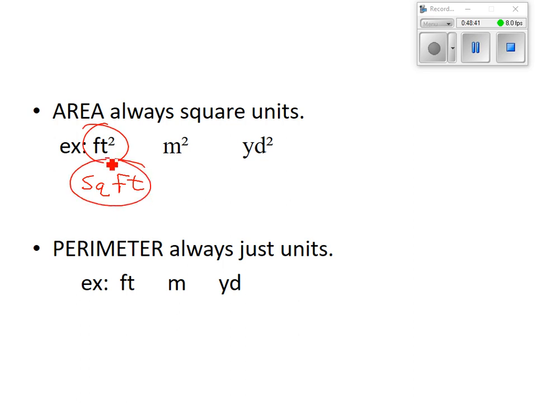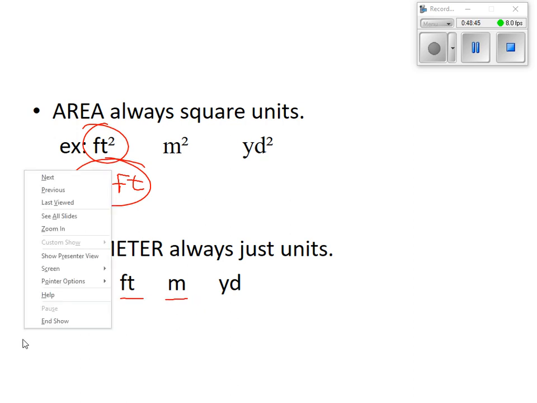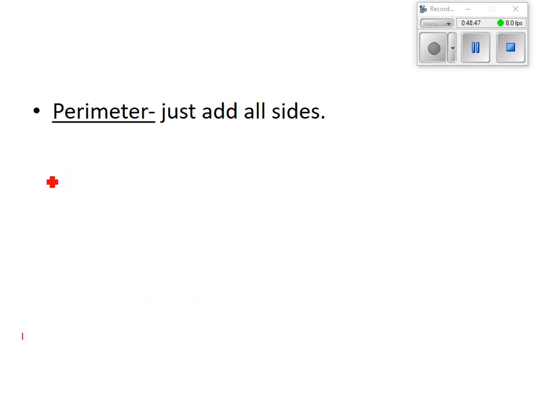Perimeter, the distance around something, is always just regular units. To find the perimeter, just add up all the sides. No matter what the shape is, whether it's a 4-sided figure, an 8-sided figure, a 10-sided figure, you just add up all the sides.